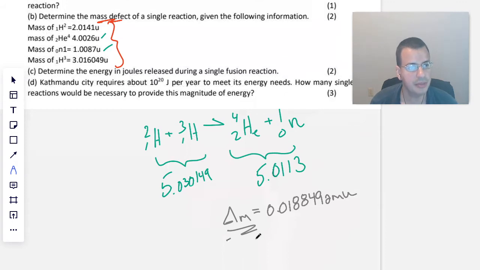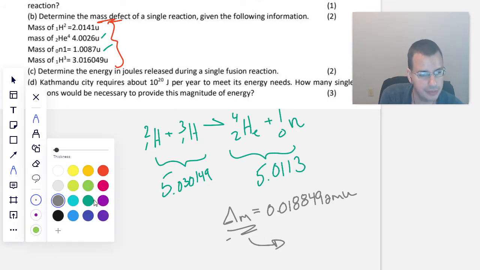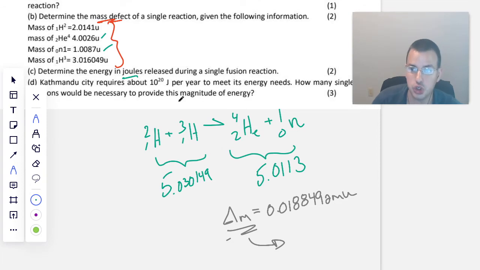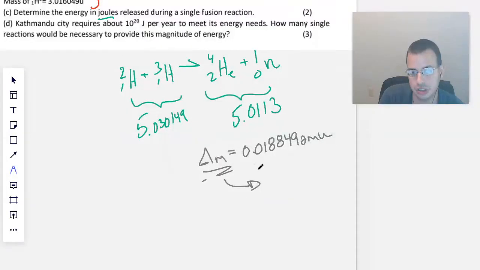Excellent. Determine the energy in joules released during a single fusion reaction. All right. So what we're going to do is we're going to convert this over to energy. And they asked us to do it in joules. So we're going to say that energy equals mc squared.